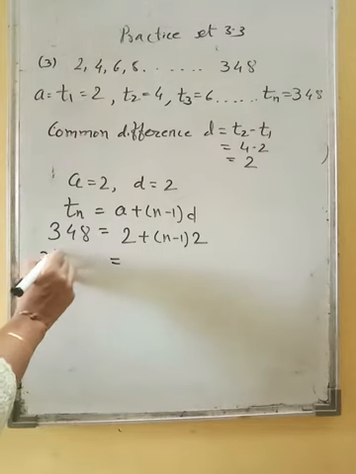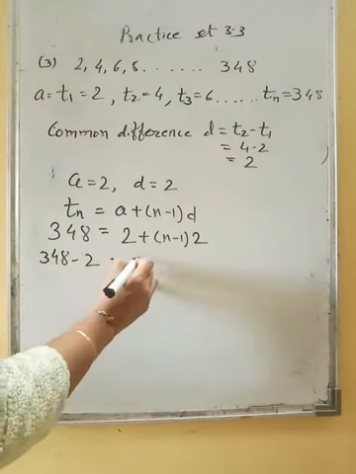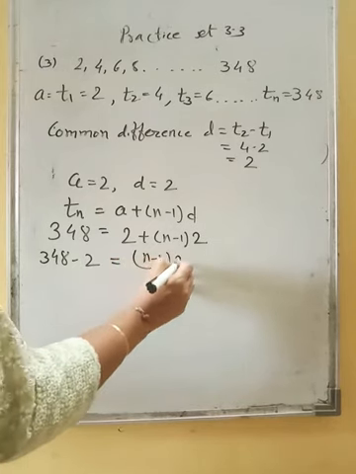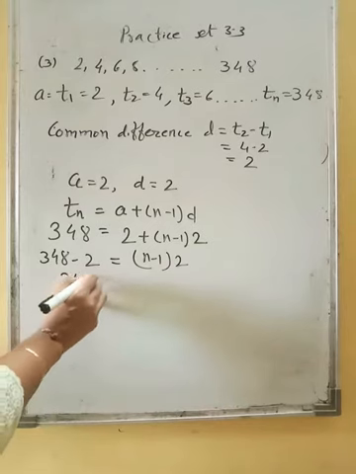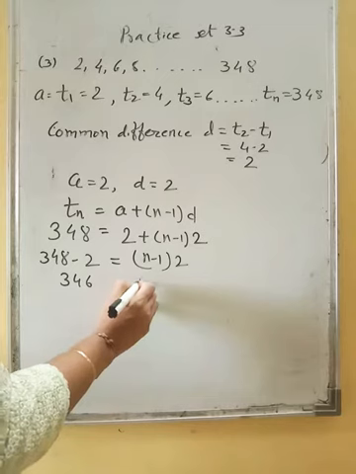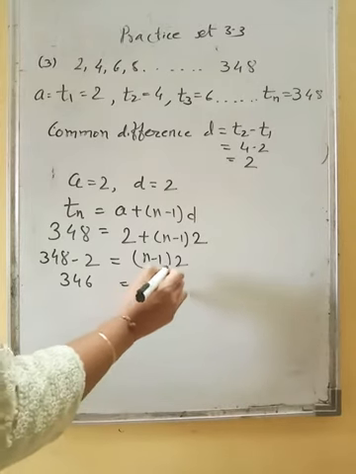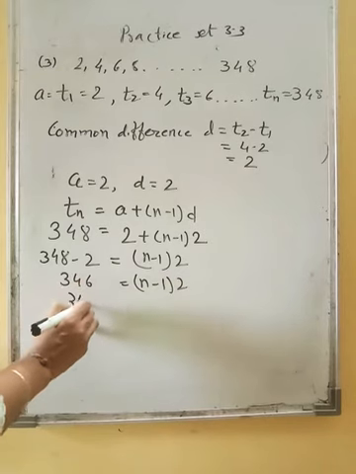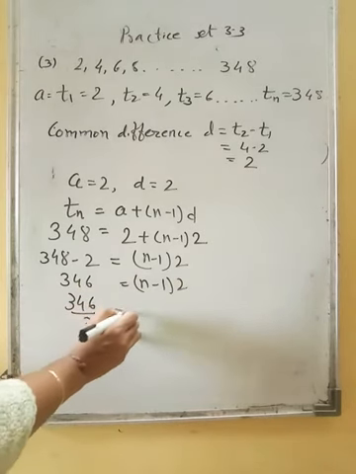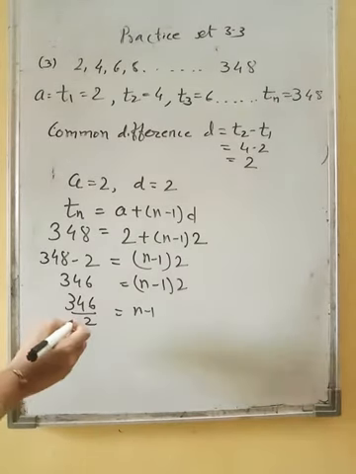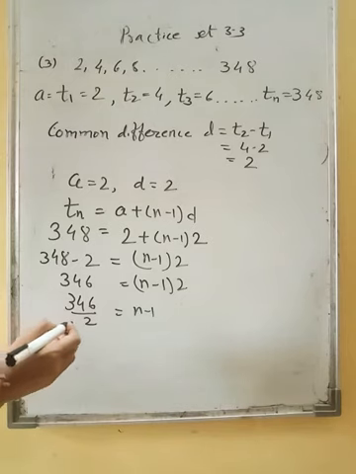So 348 minus 2 is n minus 1 into 2. So 346 is equal to n minus 1 into 2. Now children, this 2 is in multiplication, let it come to division. So 346 upon 2 is n minus 1. Now do the cancellation.